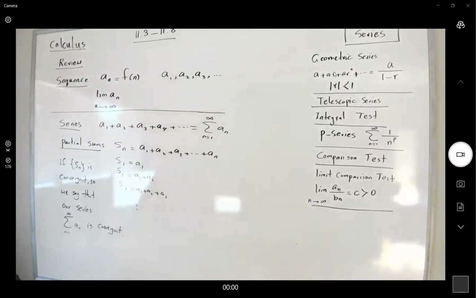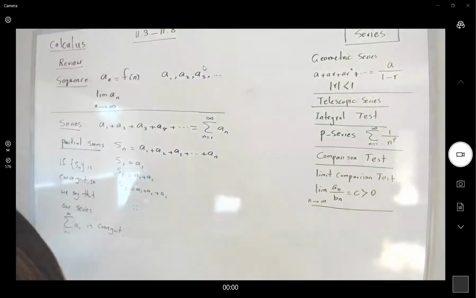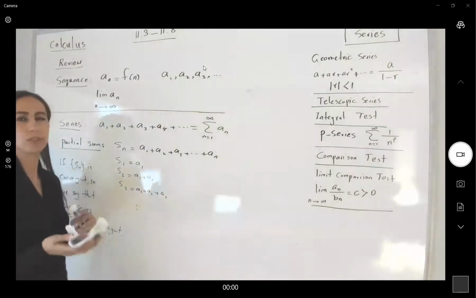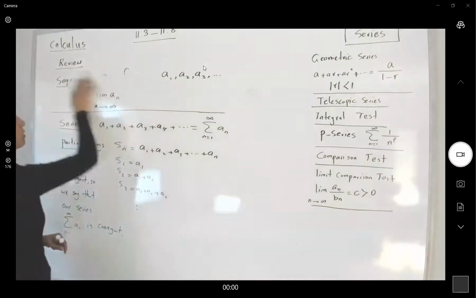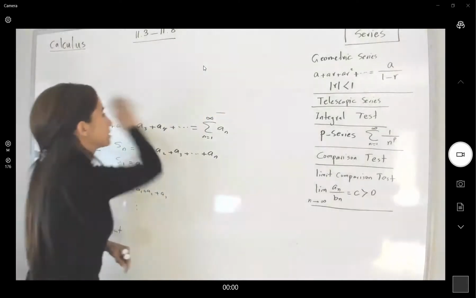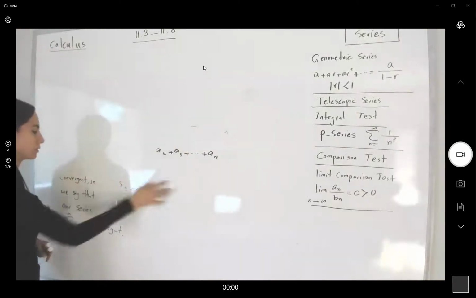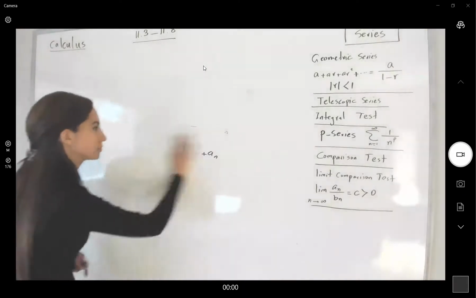One of them is called alternating series. Very well. Sometimes you see series that we call alternating series. The behavior of this series is like this.